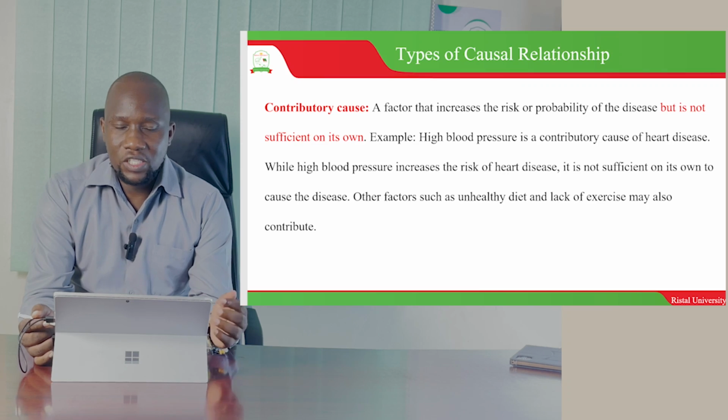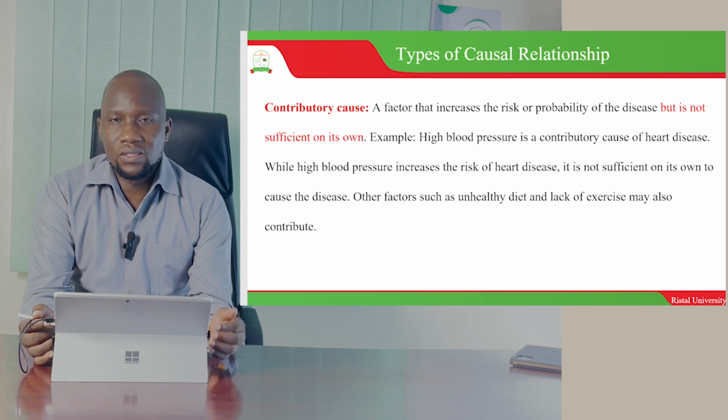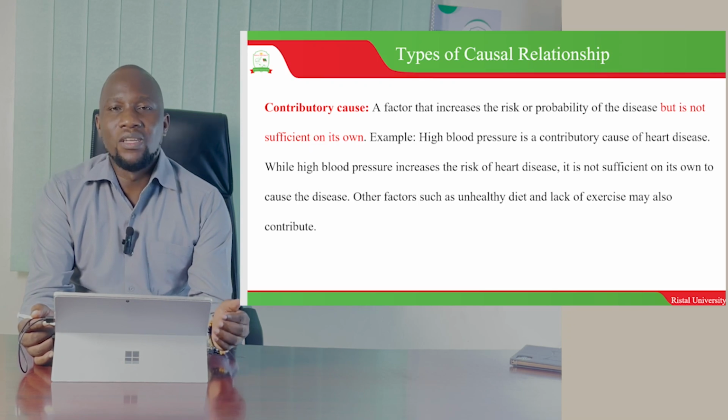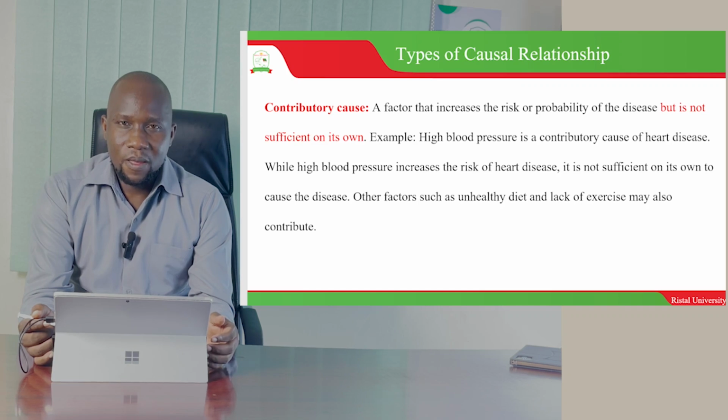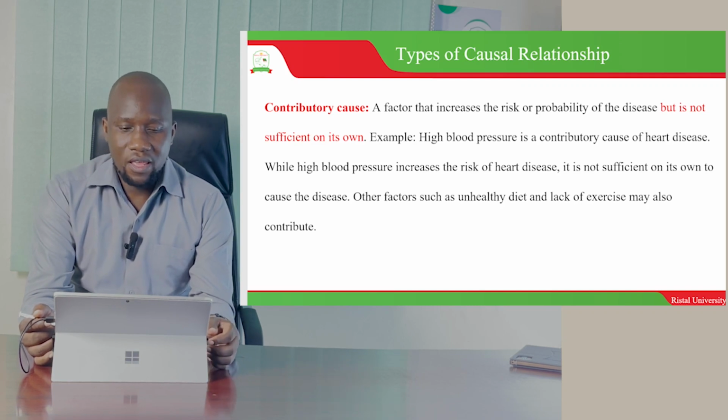Okay, so this is to say that we have certain factors which increase your risk or the probability of you getting a particular disease, but they alone do not necessarily cause the disease to happen on their own.